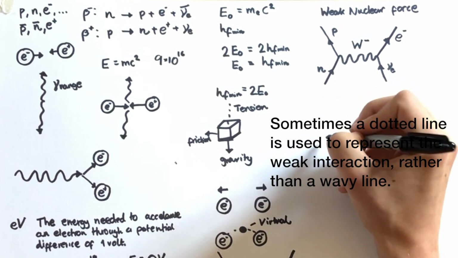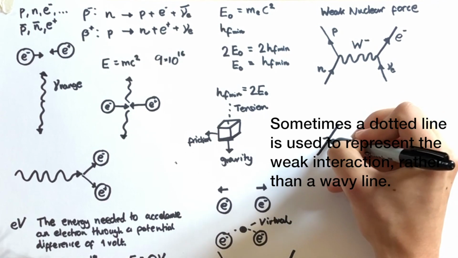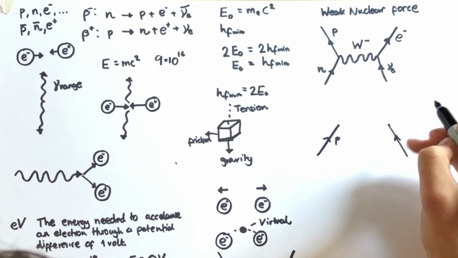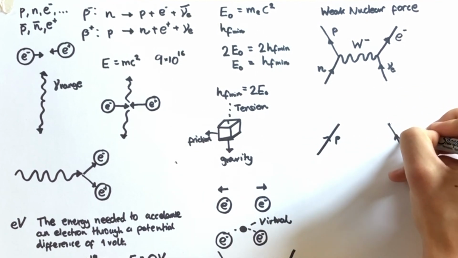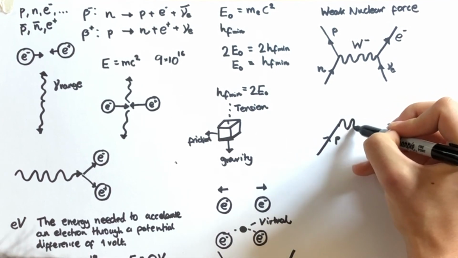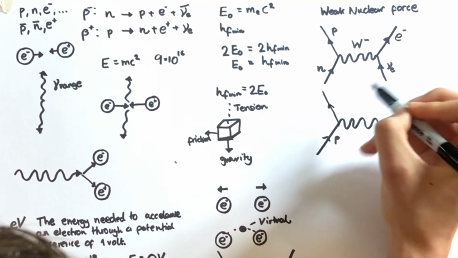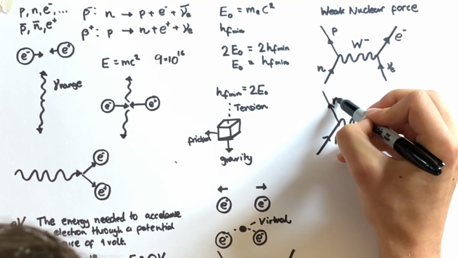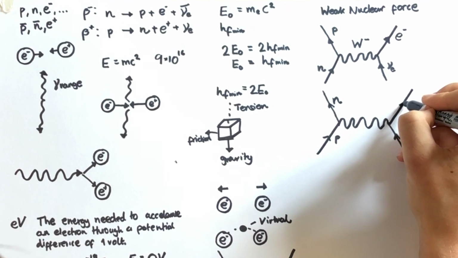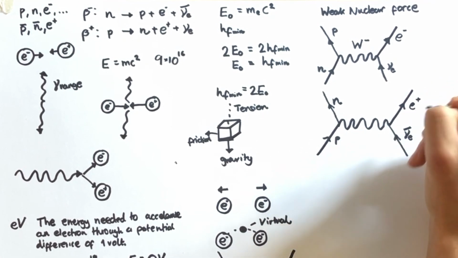Now let's do the other very similar interaction. This time we've got a proton going in, and rather than a normal electron neutrino, we have an anti-electron neutrino, and they interact a bit like this, and you have a neutron coming out, and on this side you have a positron coming out.